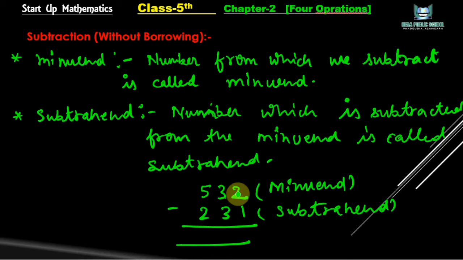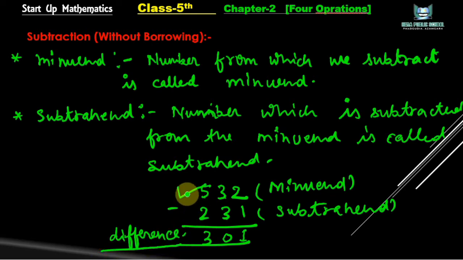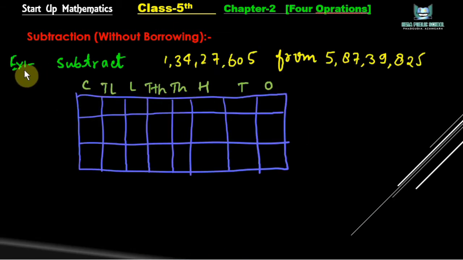So 2 minus 1 is equal to 1, 3 minus 3 is equal to 0, and 5 minus 2 is equal to 3. This is called difference. The number from which we subtract is called minuend, the number which is subtracted from the minuend is called subtrahend, and the answer we get in result is called difference. Clear?